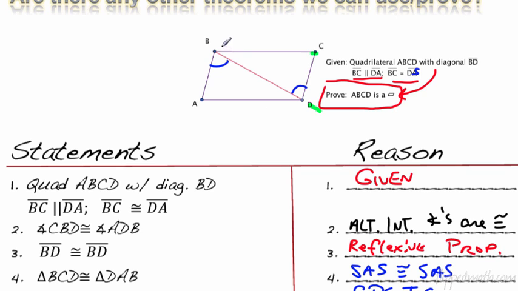Wait a second. Check this out. If you look here and here, we have these two lines. Now, they didn't say they were parallel. But what's this? Aha, a transversal. And you have alternate interior angles here, right? Tilt your head to the left so you can see it. Little Z going on there.